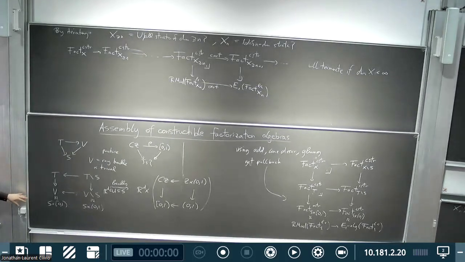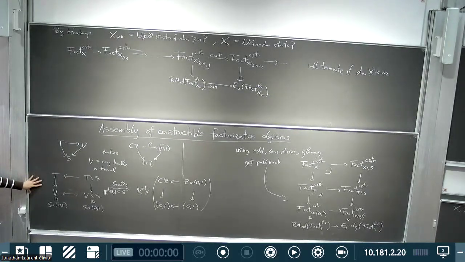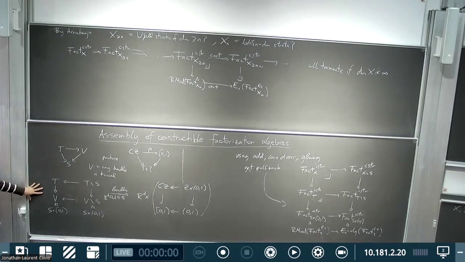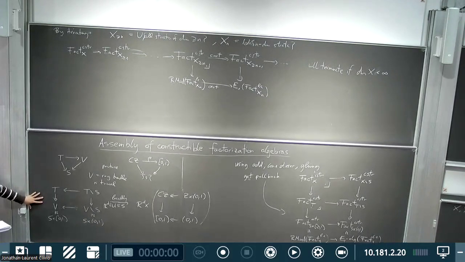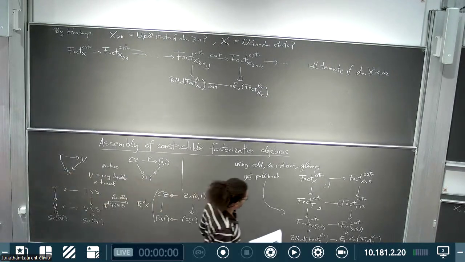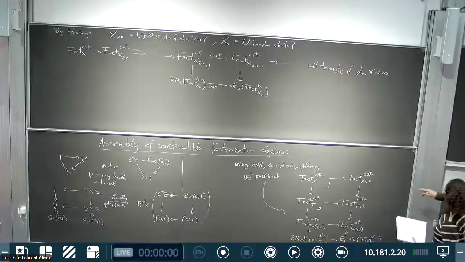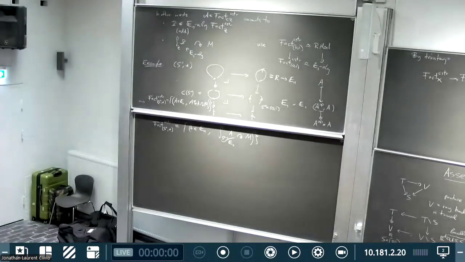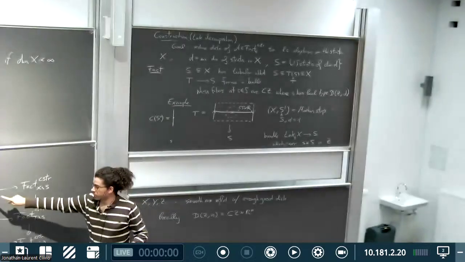Is there a question? Yes. You said this S has minimal dimension. Yes. The S has minimal dimension so that the tubular neighborhood exists. And so this pullback only exists if S has minimal dimension.